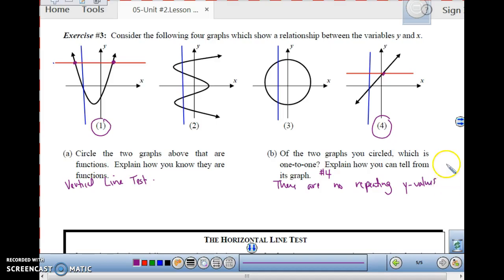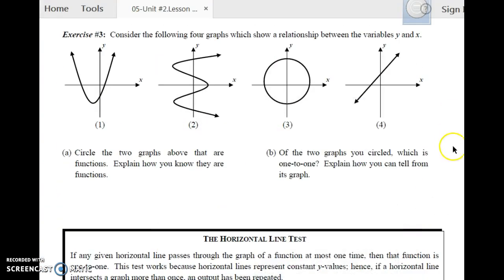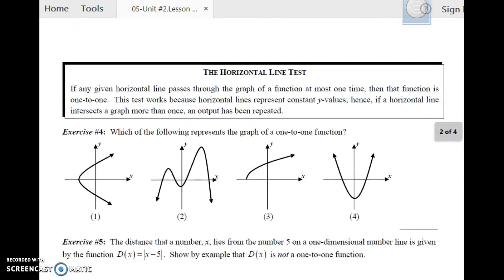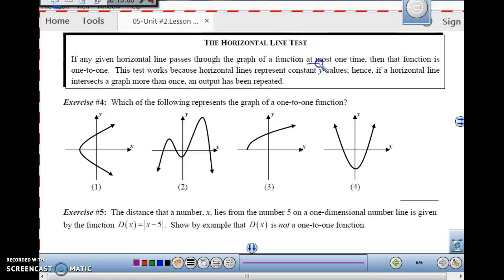Okay, so what I just did is what's called the horizontal line test. The horizontal line test says if any given horizontal line passes through the graph of a function at most one time, and there's the key words right there, at most one time, then that function is one-to-one. This test works because horizontal lines represent constant y values.